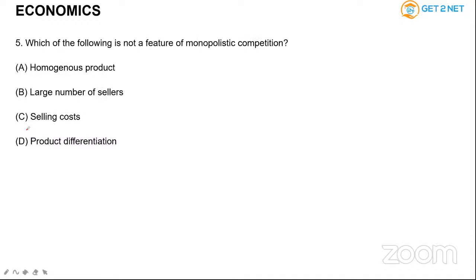Which of the following is not a feature of monopolistic competition? Monopolistic. Single. Right? Monopoly. Which of the following is not a feature of monopolistic competition? Homogeneous products, large number of sellers, selling cost, product differentiation.